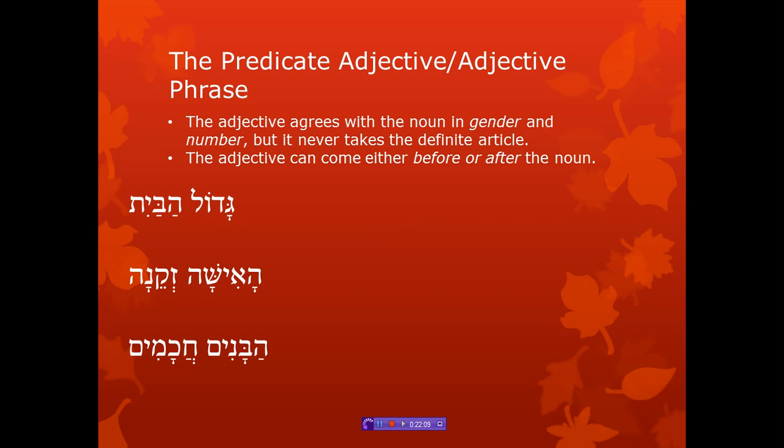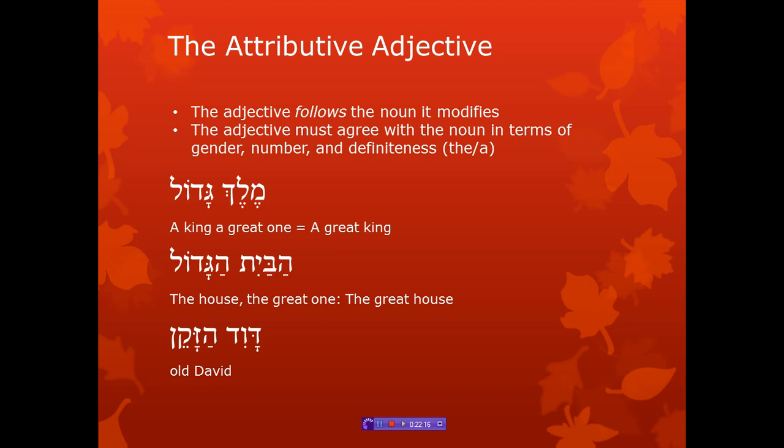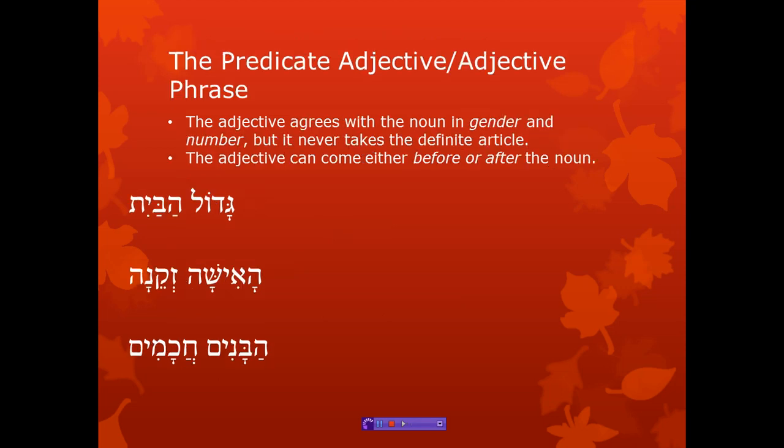Remember, the attributive adjective must agree with the noun in gender, number, and definiteness, so it must have the definite article if its noun is definite. That is not the case with the predicate adjective.